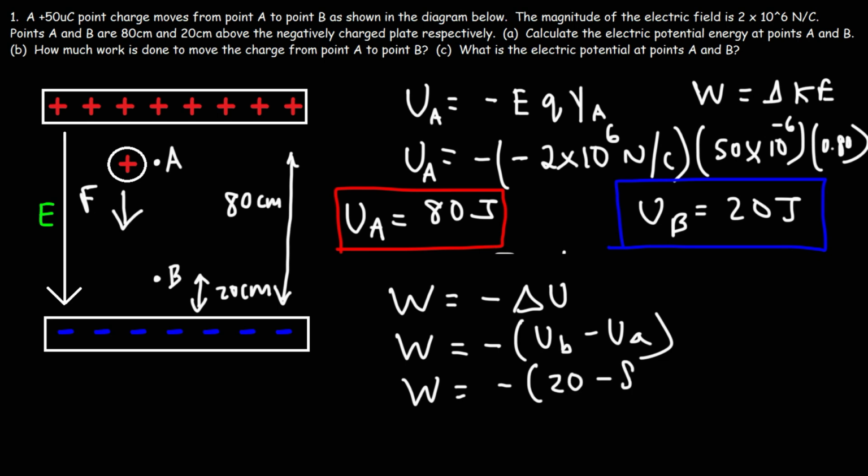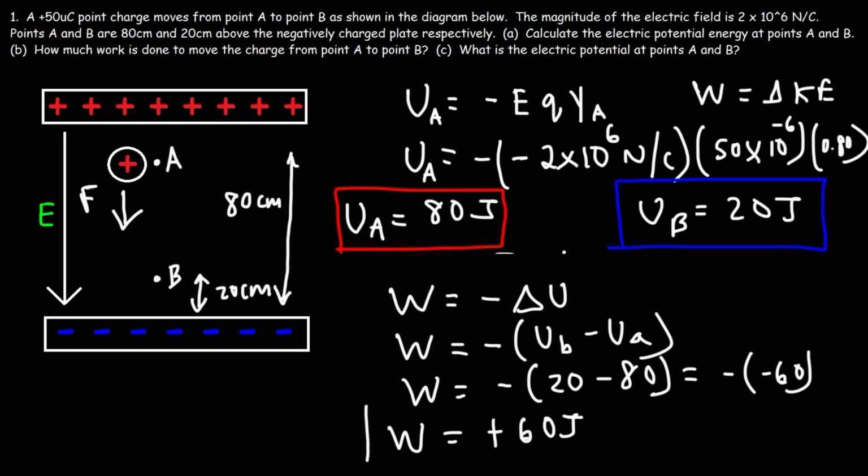The initial is 80. So it's going to be negative 20 minus 80, which is negative 60. So as we can see, the work done is positive 60 joules. So that's the answer for part B. That's how we can calculate how much work is done going from point A to point B.